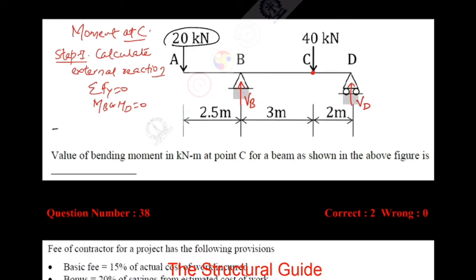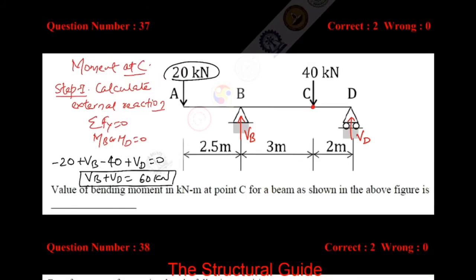So minus 20 plus VB minus 40 plus VD equals 0. So VB plus VD equals 60 kilonewton.